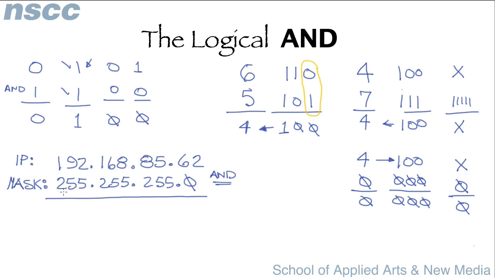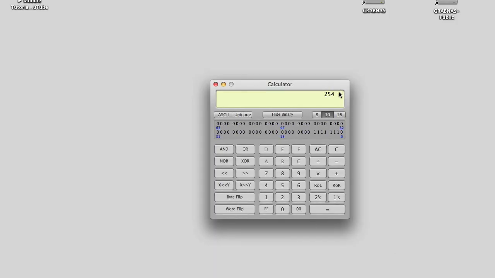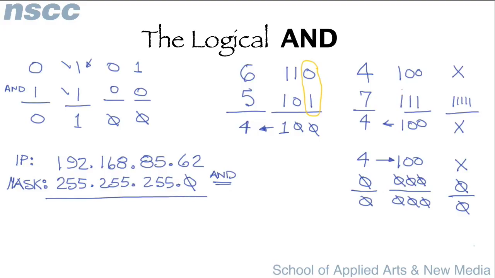Now what's 255? If we went back to our calculator and we put in here 255, we can see that 255 for 8 bits is all 1s. So when we have all 1s and we're ANDing it with another number here, we'll get the number back, 192.